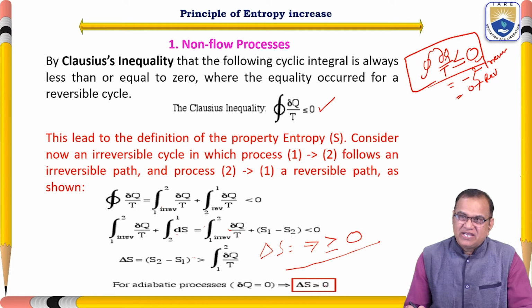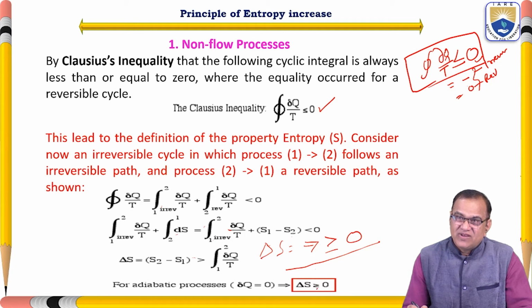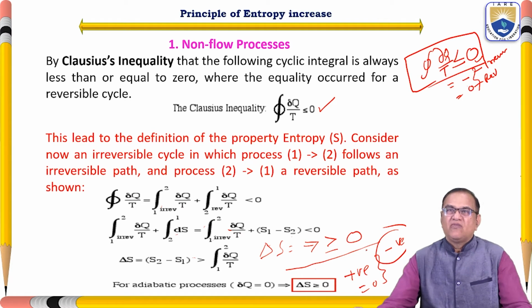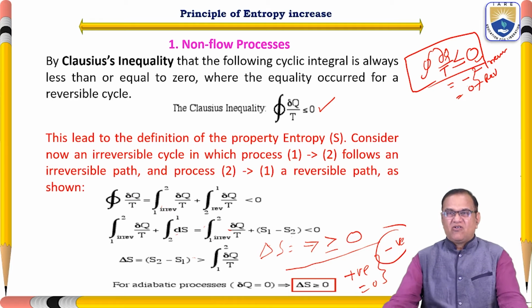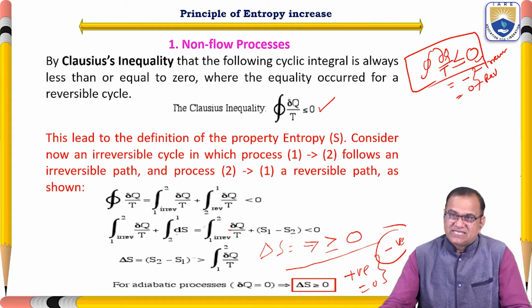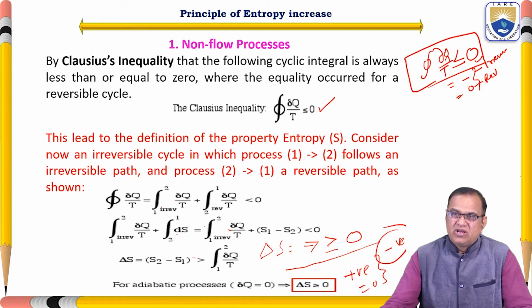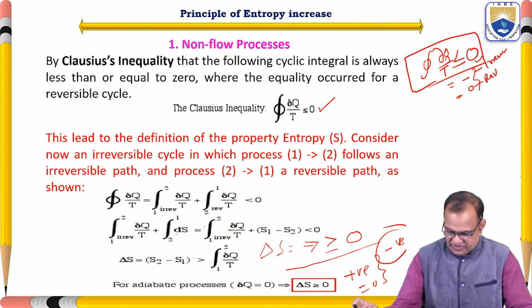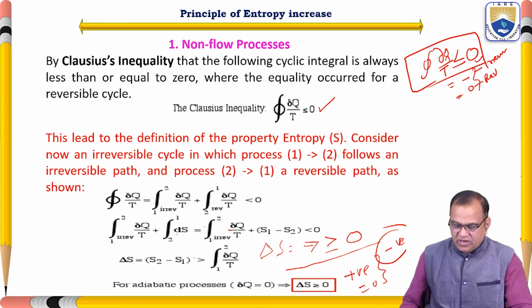But for the adiabatic, delta S will be always greater than or equal to 0. Either it will be positive or it will be 0. It will not be negative. That we have to remember, for the non-flow process, we have got that delta S is greater than or equal to 0. This we have got for one process.